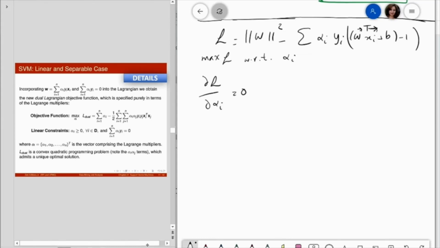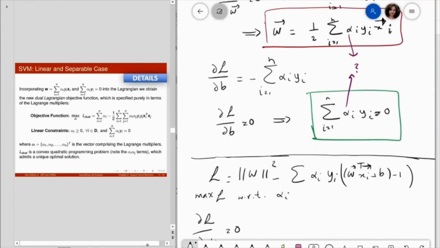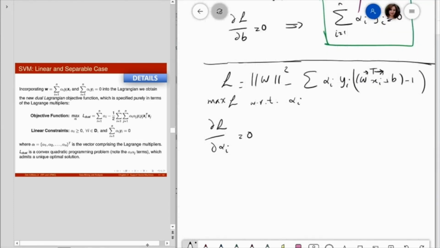Before I do that, what I can do is put the value that we found for W above into this equation. So let's do that first of all.